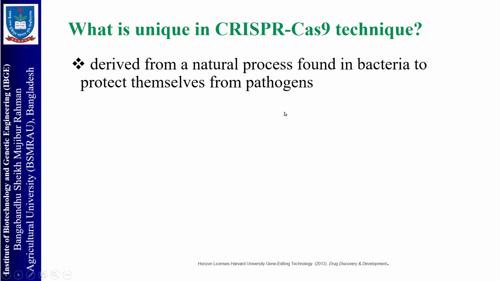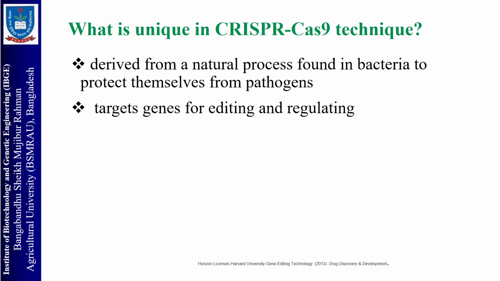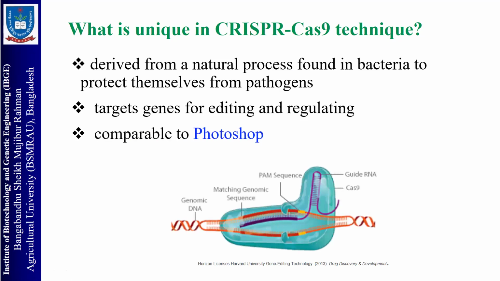It is derived from a natural process, as I mentioned before, found in bacteria to protect themselves from pathogens like viruses or plasmids, mobile DNA. It targets genes for editing and regulating, comparable to Photoshop. Here you can see the system. For example, you design this part, the guide RNA, and Cas9 is commercially available.